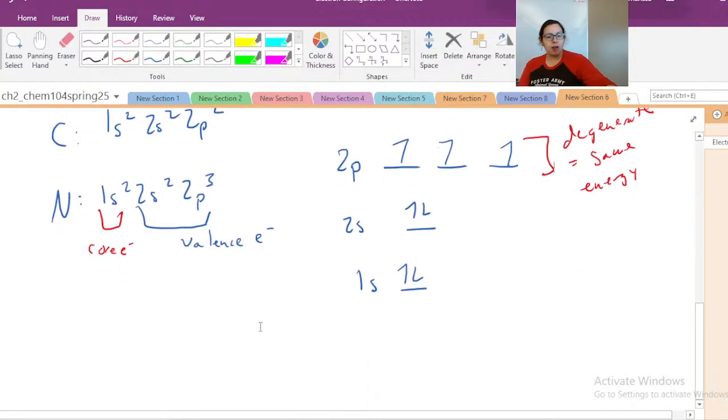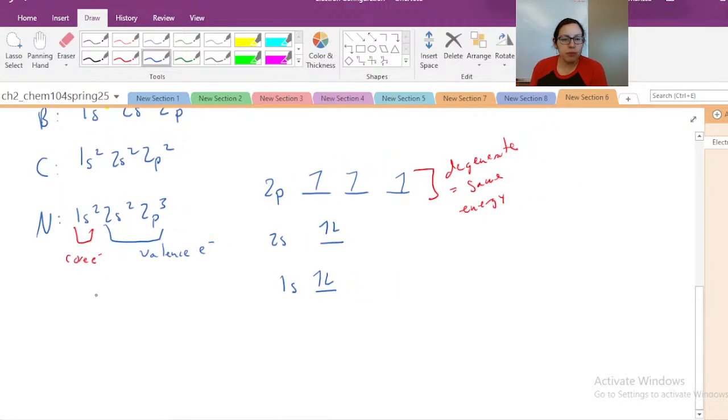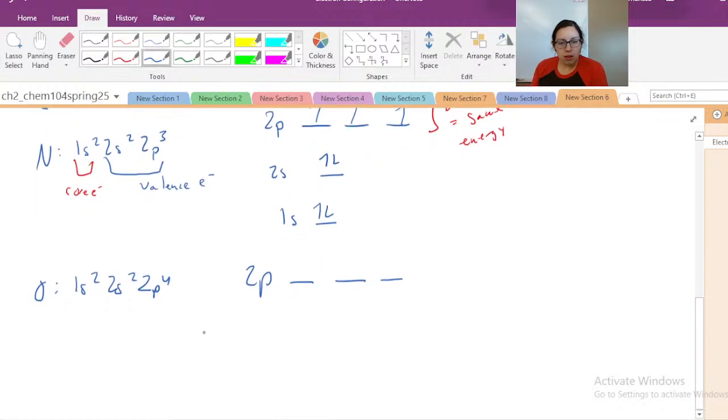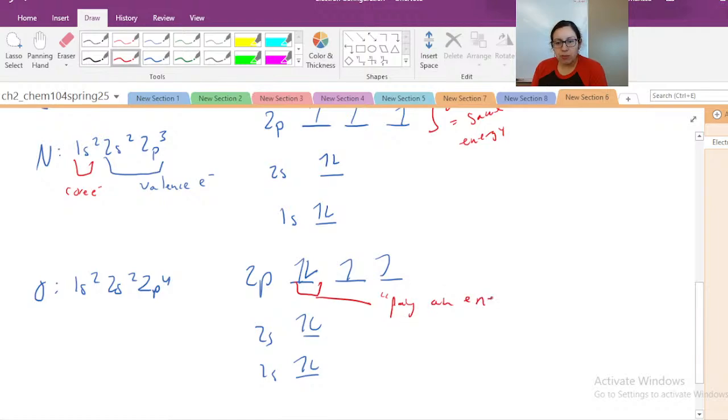and I'll move on to oxygen because I don't want to confuse people. So let's compare it with oxygen. So 1s2, 2s2, 2p4 now. And so again, how oxygen is going to fill: 1, 2, 3, 4, and then 5, 6, 7, so 8. Once it is paired, the other thing to know is that you pay an energy price to pair.